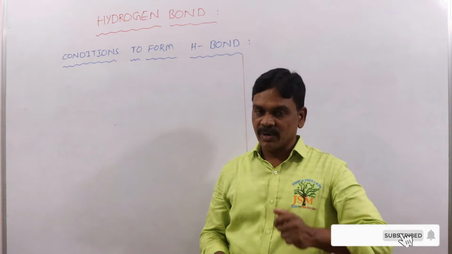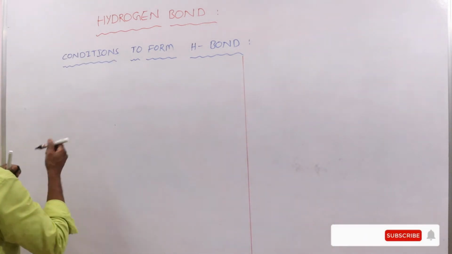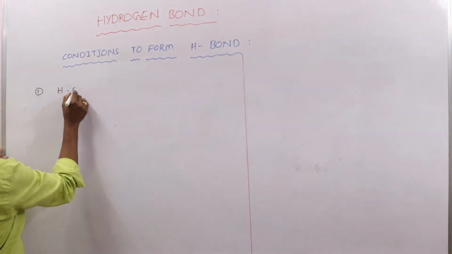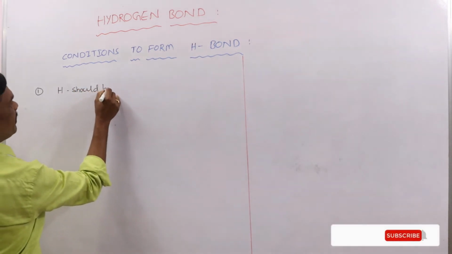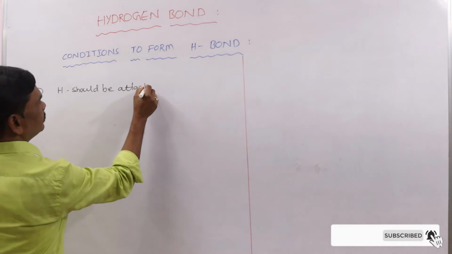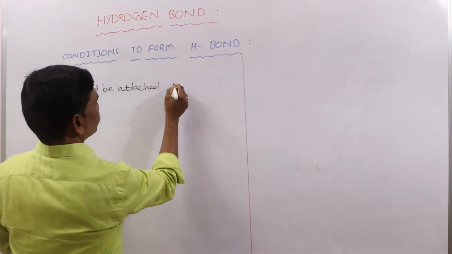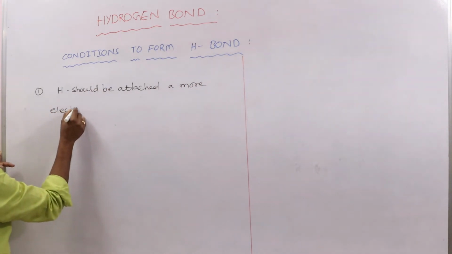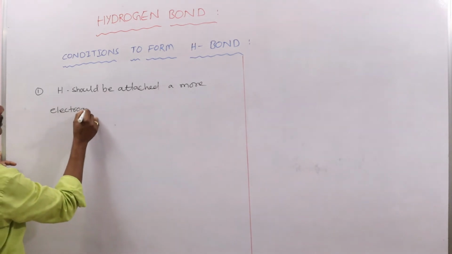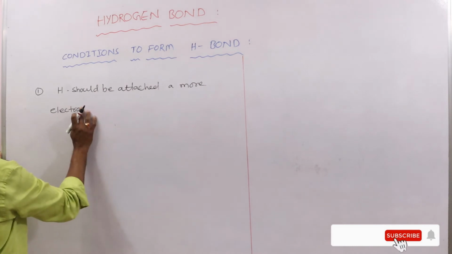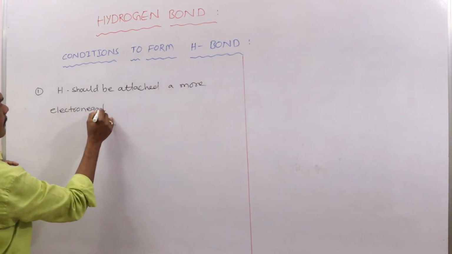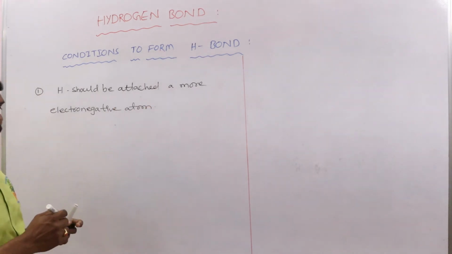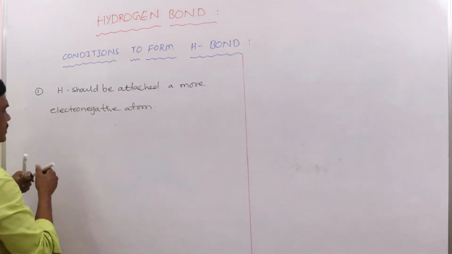Conditions to form hydrogen bond. The first condition is that hydrogen should be attached to a more electronegative atom.